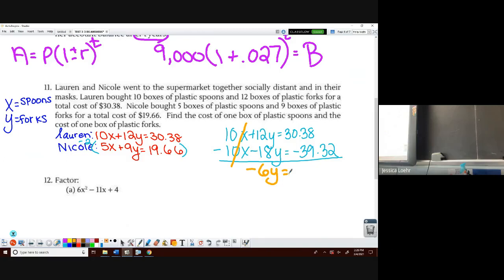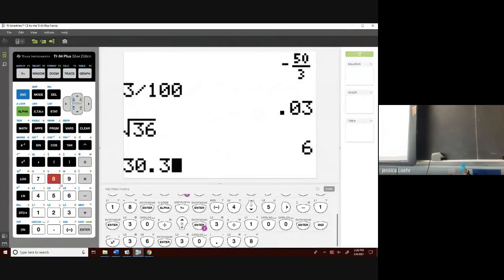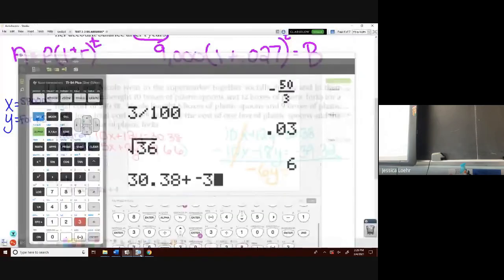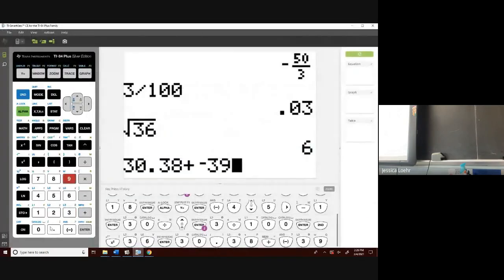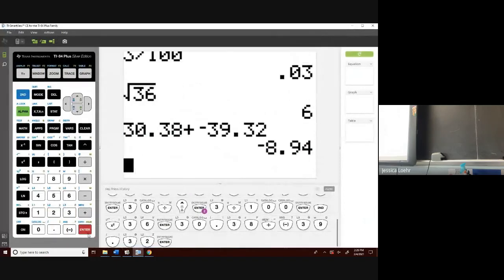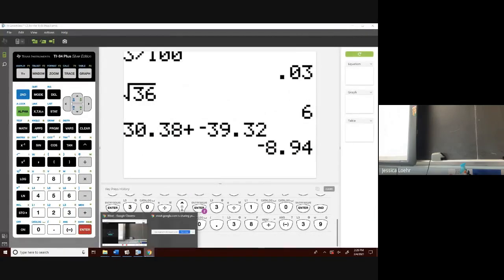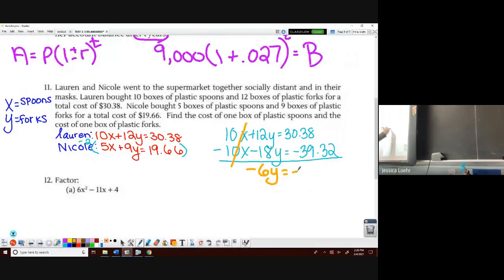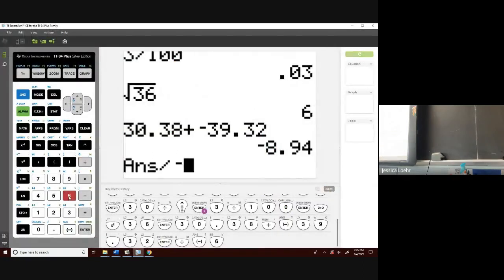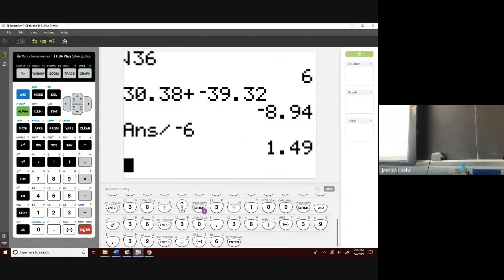And then you're adding 30.38 plus negative 39.32, negative 8.94. Then I need to get y by itself, so I'm dividing both sides by negative 6. And you get 1.49.